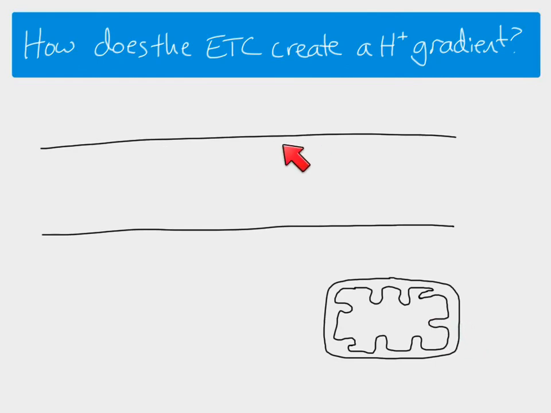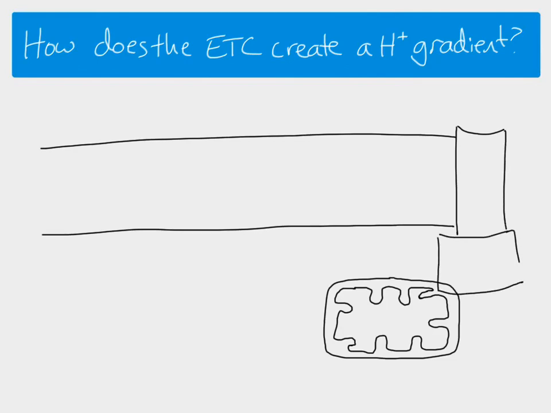So this double line here is just a single membrane, that's what this inner membrane is, okay? I've drawn it as two lines because of course it's a phospholipid bilayer. So the electron transport chain, all of the ATP synthase molecules are on this membrane in the mitochondria.